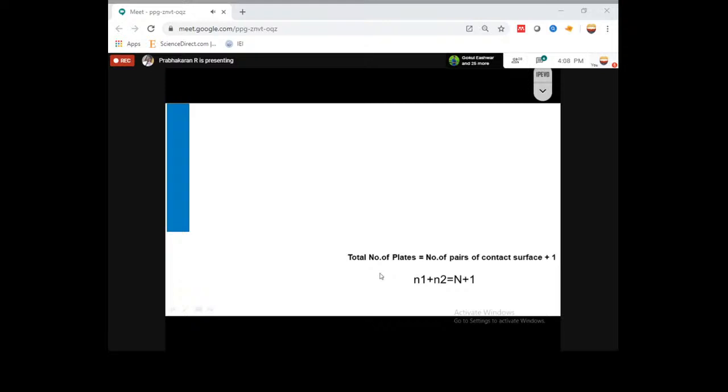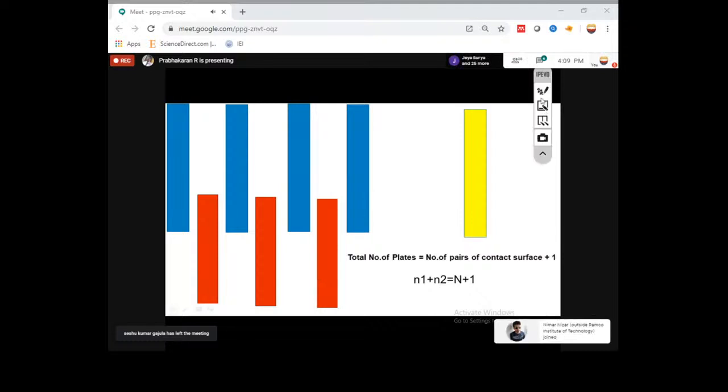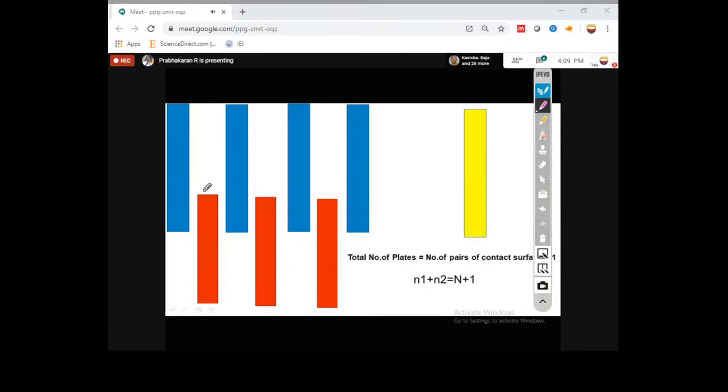Total number of plates is equal to the number of pairs of contact surfaces plus 1. How does it arise? I will explain one by one. Here, consider this as a multi-plate clutch, and this as a single plate clutch. I'm going to take this as the driving plate and this as the driven plate.